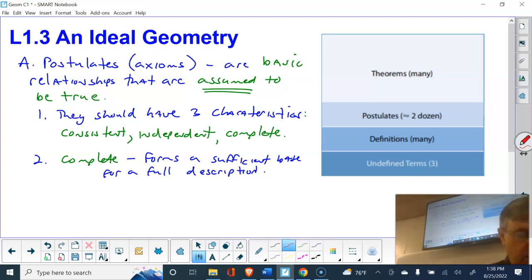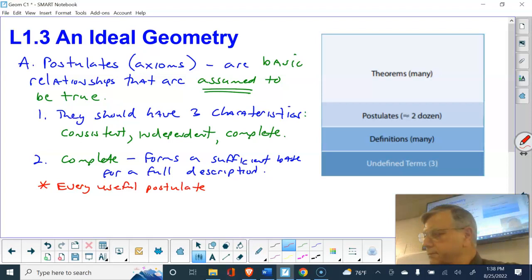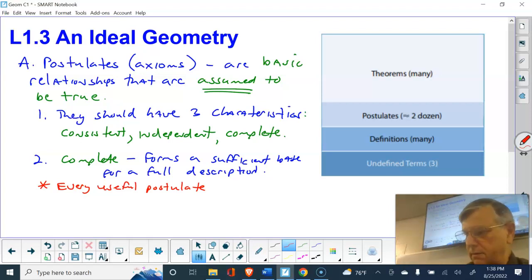Okay, and I'm going to write a statement here in red because you're going to see this again. All right. Every useful postulate, I'm going to go to blue, is consistent, comma.